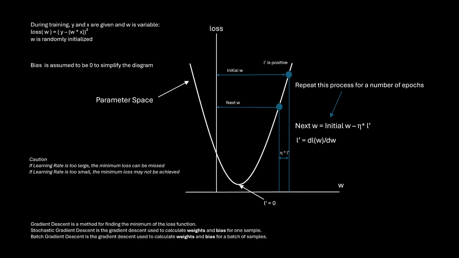So mini batch means you're taking 2 data points and then calculating the weight based on these 2 data points, or it could be 3 data points, 4 data points, but it's a subset of the data set, not the whole data set. So stochastic gradient descent is one term. Mini batch gradient descent is based on more than one data point, and then the batch gradient descent could be for the whole data set.